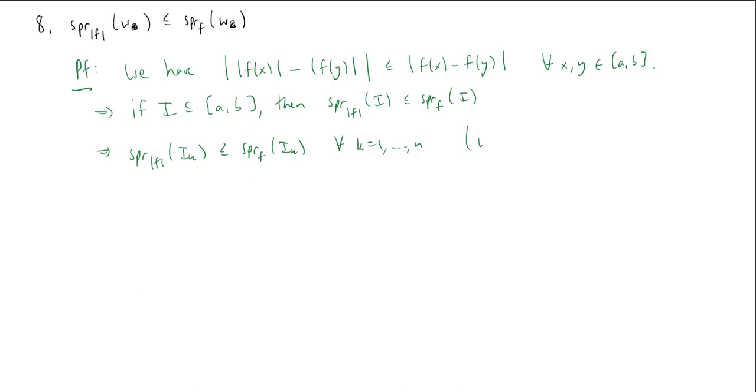Here, just to remind you, we're treating our W as an n partition, and each I_k is [w_{k-1}, w_k].